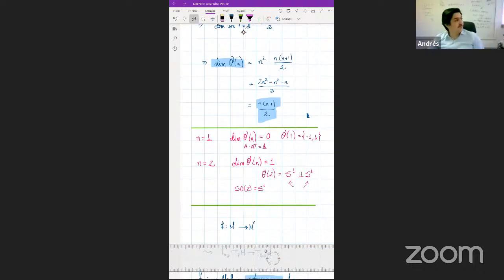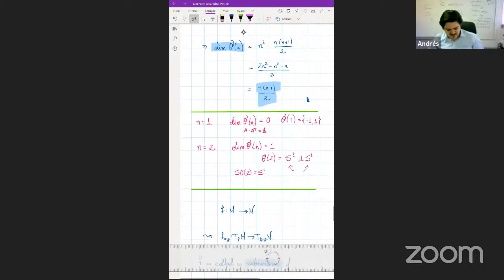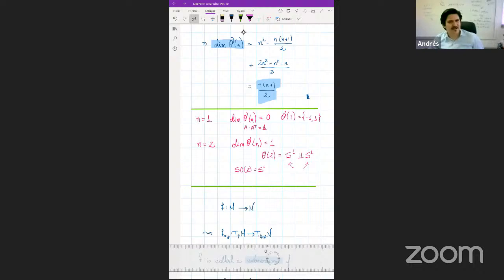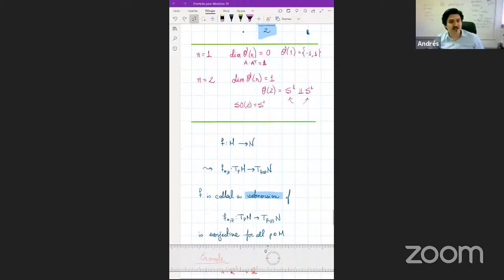So we have seen smooth functions between manifolds. We take the differential. And we have seen this, again, as I said at the beginning, to try to obtain new manifolds, or more precisely, submanifolds of M. Now, in some cases, it is good to have these concepts. A submersion is a smooth function such that the differential is surjective for every single point.